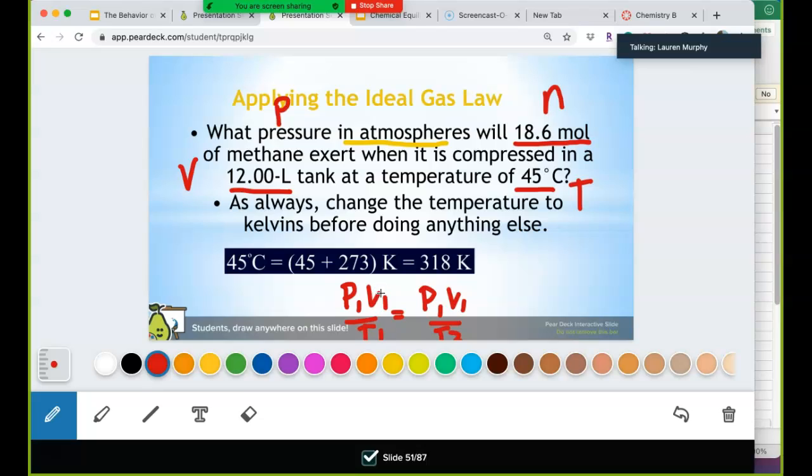Like maybe you have two volumes or two temperatures or two pressures, okay? I don't see two of any variable right here. I only see one of the moles, one of the volume, and one of the temperature. To use this, you need to have two of at least one of them. You need to have like two volumes and a temperature, or two pressures and one volume, or two pressures and one temperature. I don't have two of anybody here, so combined gas law is out. It will not help us with this.